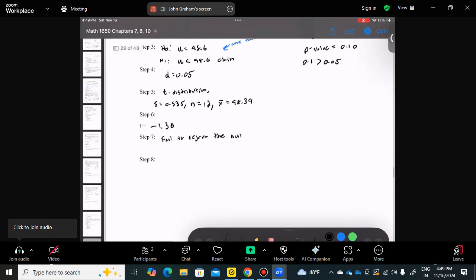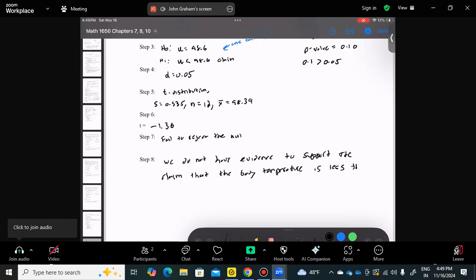So we can say that basically the sample temperature wasn't low enough to say that it was different than the 98.6. So we can say we do not have evidence to support the claim that the body temperature is less than 98.6 degrees.